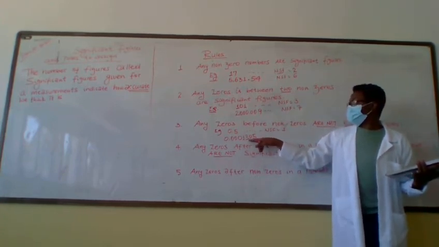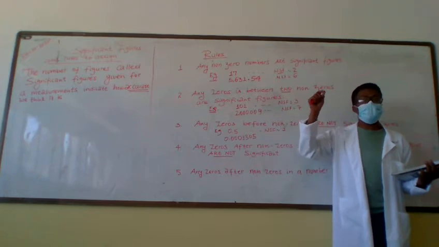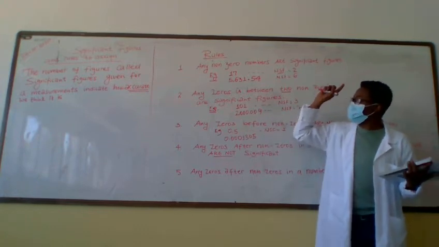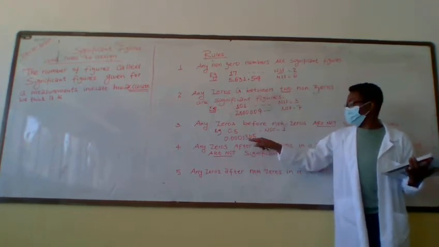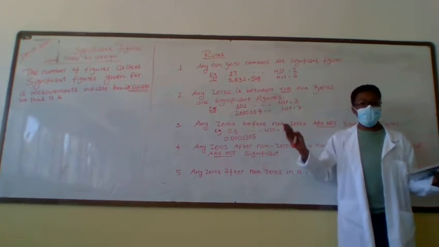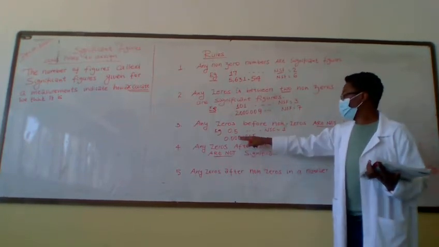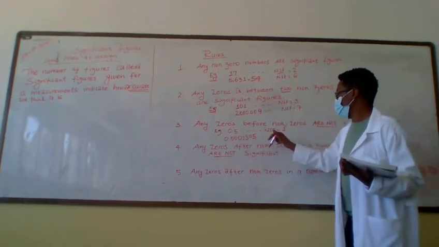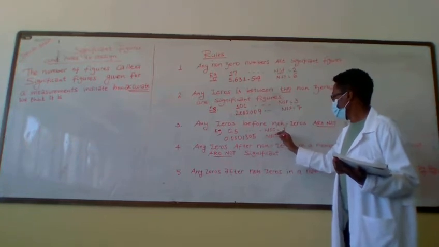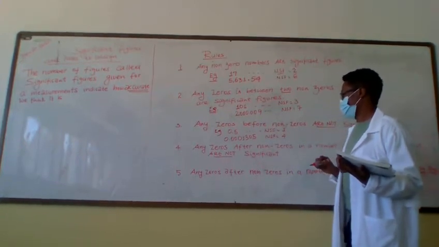But this 0 between 3 and 5 is counted as significant according to rule number 2, because it comes between two non-zero numbers. Is that clear? So the number of significant figures in this case, 1, 2, 3, 4. Number of significant figures will be 4.